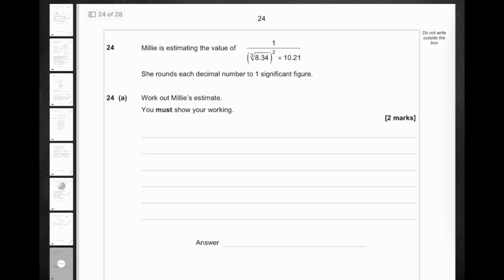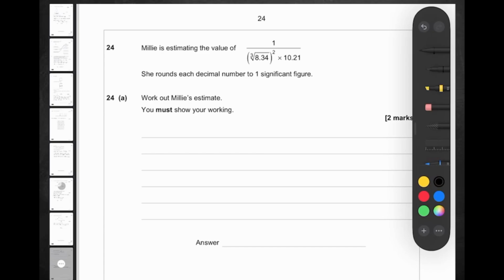Question 24. Millie is estimating the value of 1 over the cube root of 8.34 squared times 10.21. She rounds each decimal number to one significant figure. Work out Millie's estimate. You must show your working. So, one significant figure, therefore 1 divided by the cube root of 8 squared times 10.